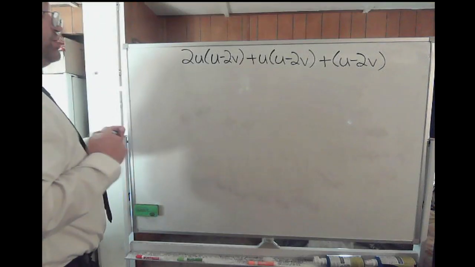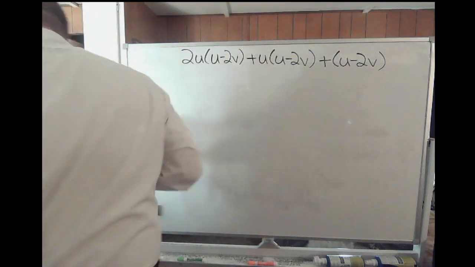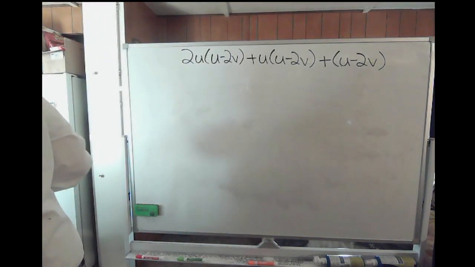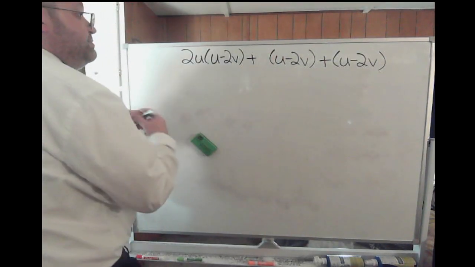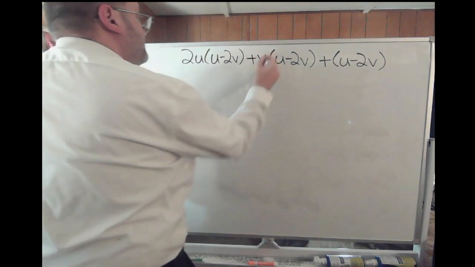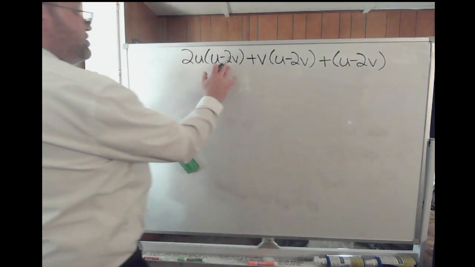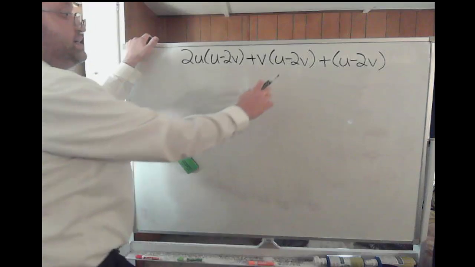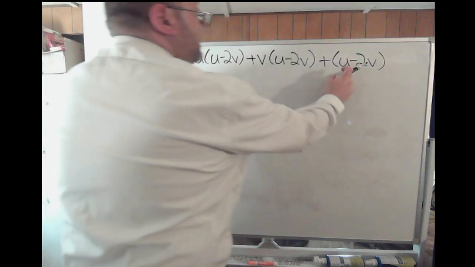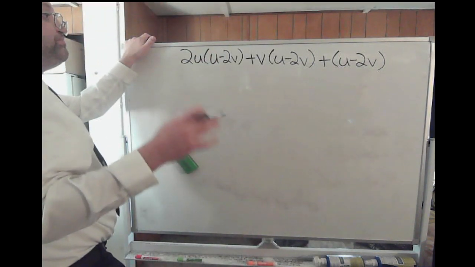So we have three terms. Actually, I'm sorry, the middle term is not a u, it's a v times u minus 2v. My bad. So you got 2u times the quantity of u minus 2v plus v times the quantity of u minus 2v plus the quantity of u minus 2v.